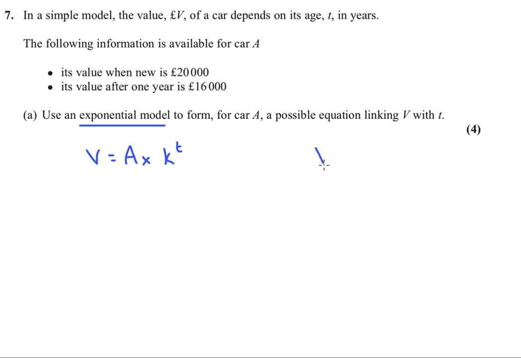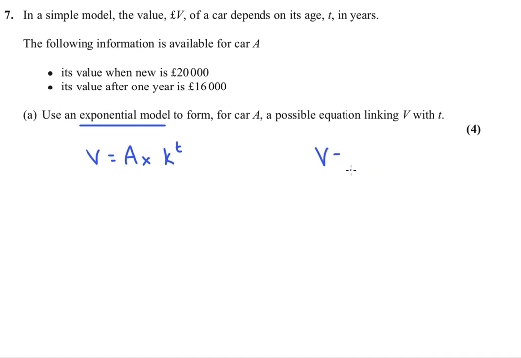Alternatively you could have said some other a value, so let's call it a times e to the power of kt. The k's obviously aren't going to be the same. That would work as well, but for this particular question, it's simpler if we just use k rather than e to the k, because there's no suggestion that e's or logs are going to be helpful here.